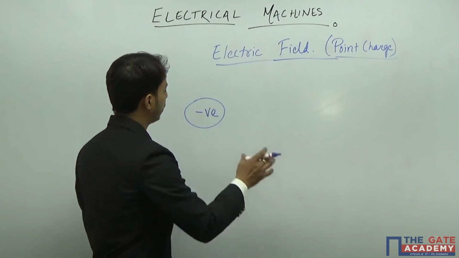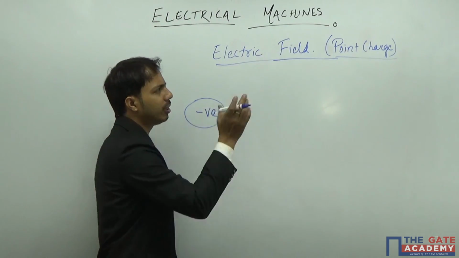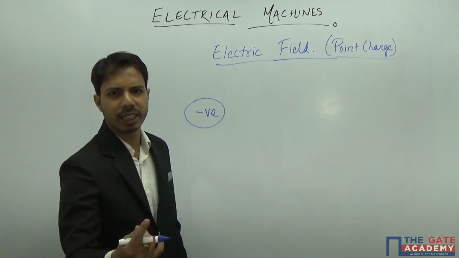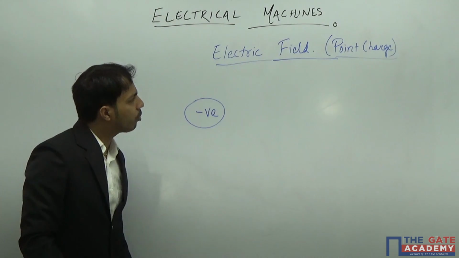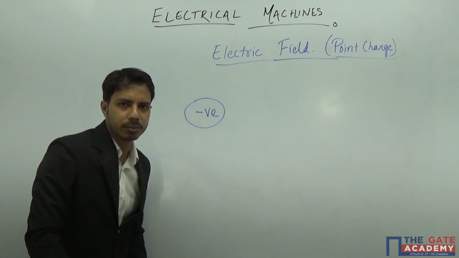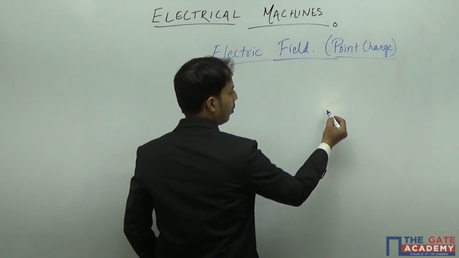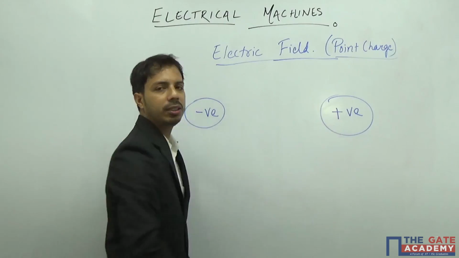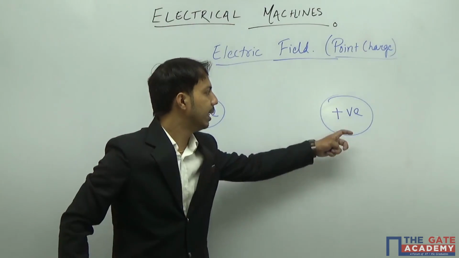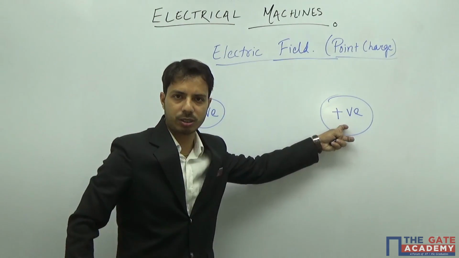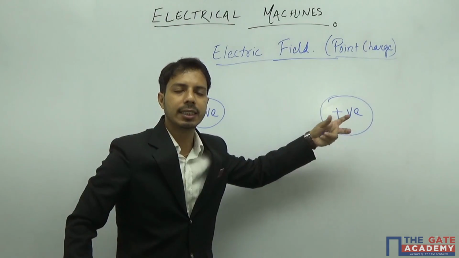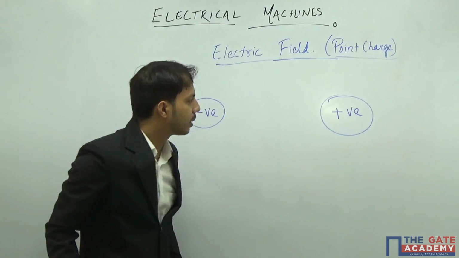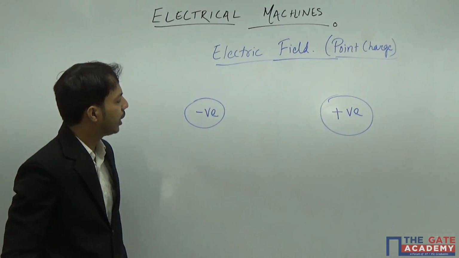Now suppose there is a body which is negatively charged. When it's a point charge, that means a very small unit negative charge. Now what will be the field for that? Field means, if I have a positive charge here, what does this positive charge mean? It means a deficit of electrons, that is, it has a smaller number of electrons.